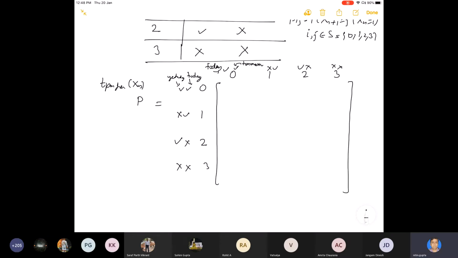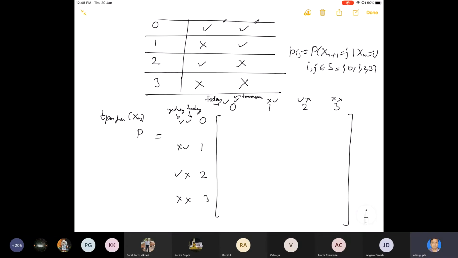Now clearly this TPM contains these conditional values. Let us say I want to find P01.